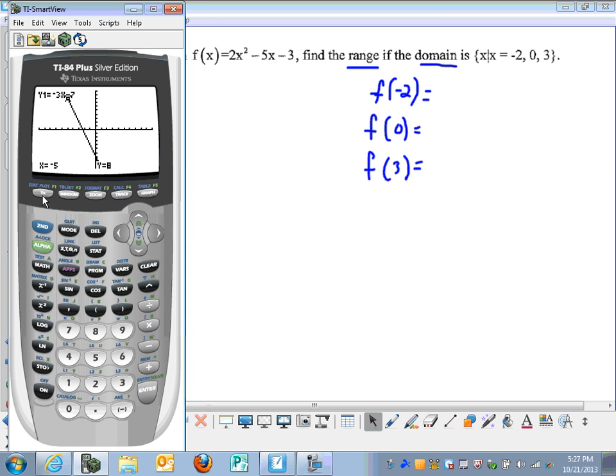So I'm going to go into y equals, type 2x squared minus 5x minus 3. Hit graph, trace, and now when x is negative 2, y is 15.